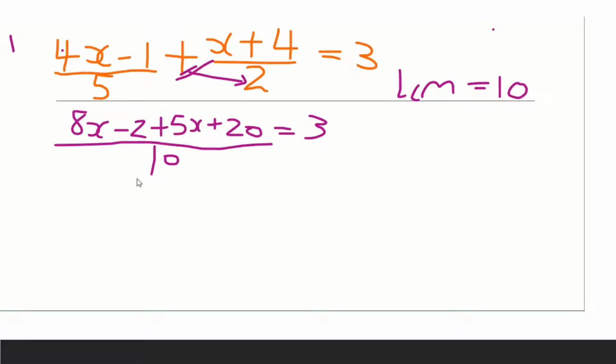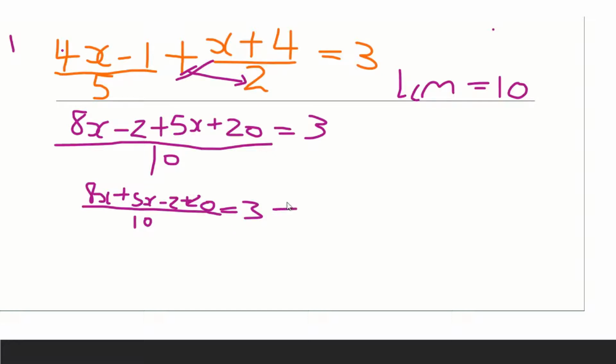Now we can go ahead and collect the like terms here and of course simplify. So we'll have 8x plus 5x, minus 2 plus 20, and that's over our LCM, which is 10, and that's equal to 3.